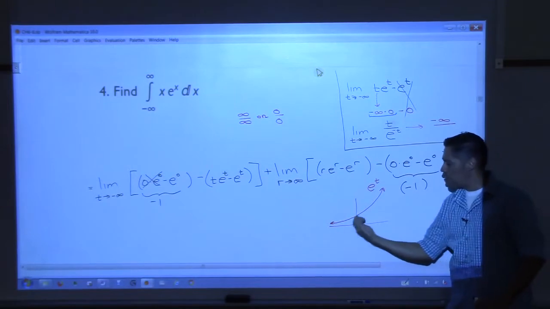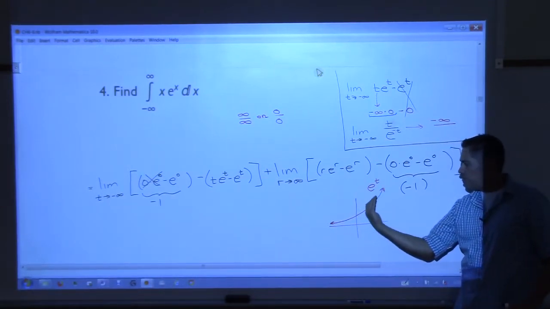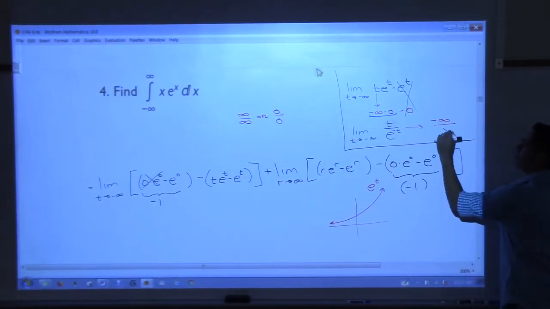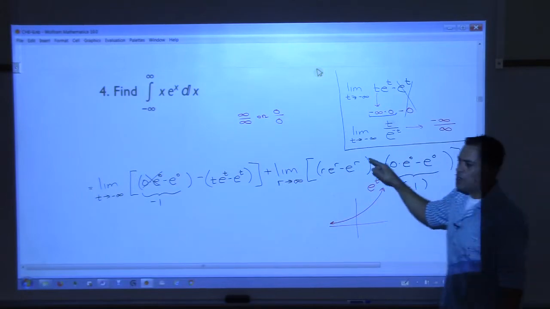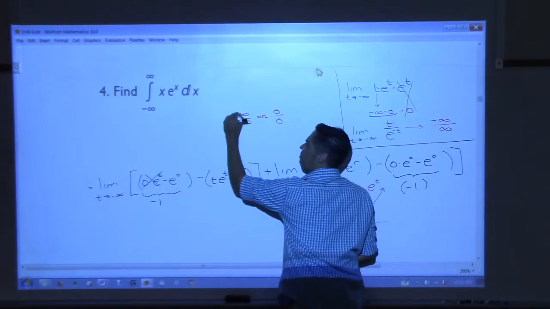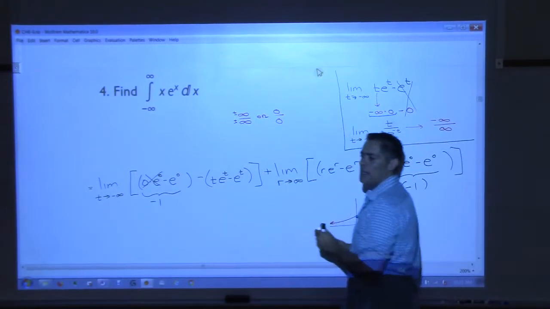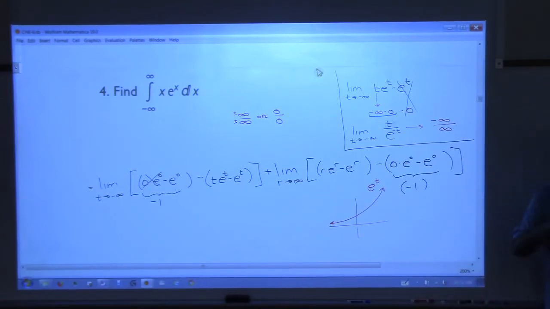And back at your picture, e to the positive infinity goes to infinity. So now the bottom goes to infinity. Now the fact that it's negative over positive doesn't matter. For L'Hopital, all you need is, this can be plus or minus, this can be plus or minus, doesn't matter. As long as you've got the ratio of an infinite expression over an infinite expression, you can use L'Hopital's rule.